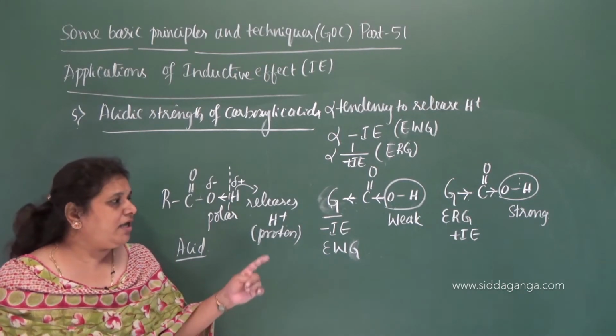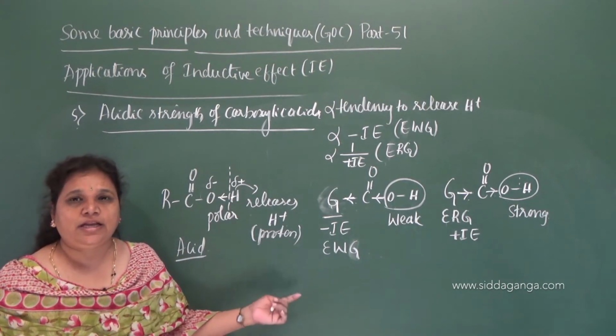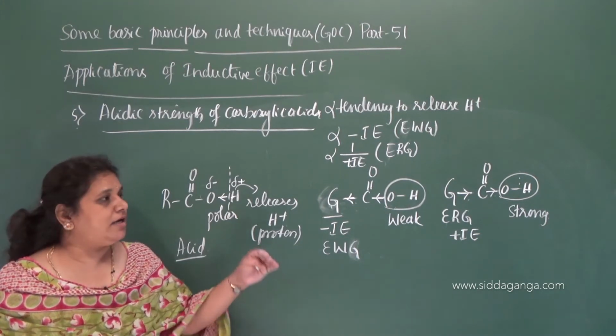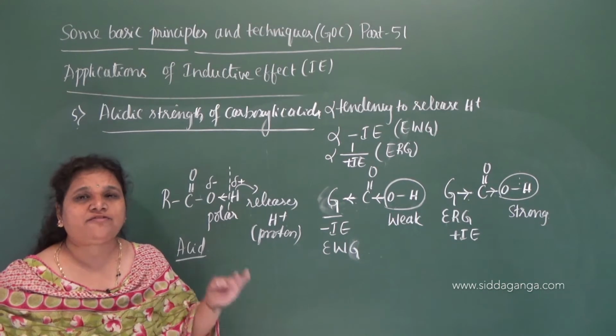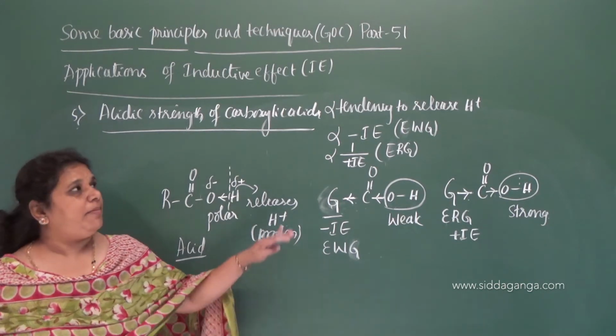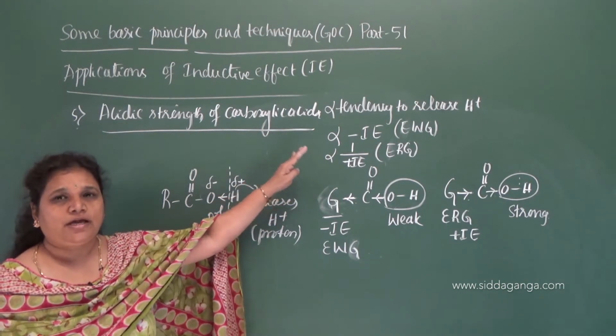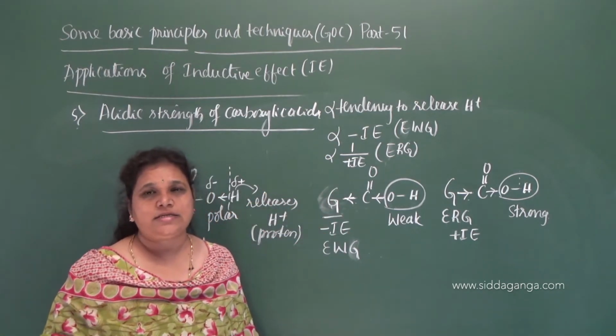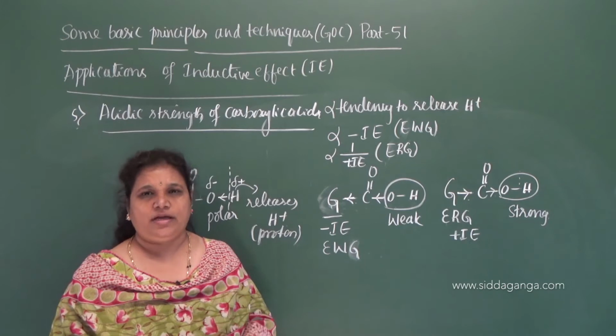So any group, if it exerts negative inductive effect or it is an electron withdrawing group, then it decreases the strength of the OH bond, and thereby the cleavage of the bond becomes easier and the tendency to release the proton increases, so acidic strength also increases.